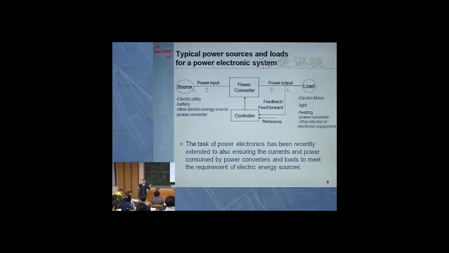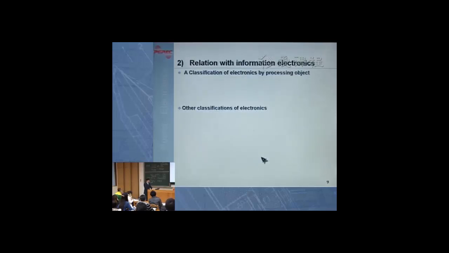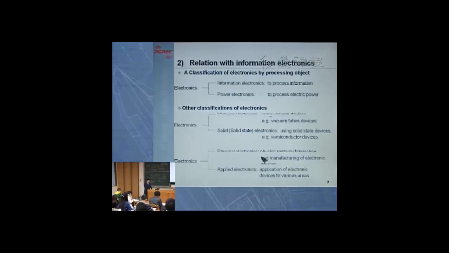For example, we make sure the current absorbed from the source is a sine wave with smaller harmonics, and that the reactive power absorbed from the utility grid is very well controlled. This is easy to understand now.